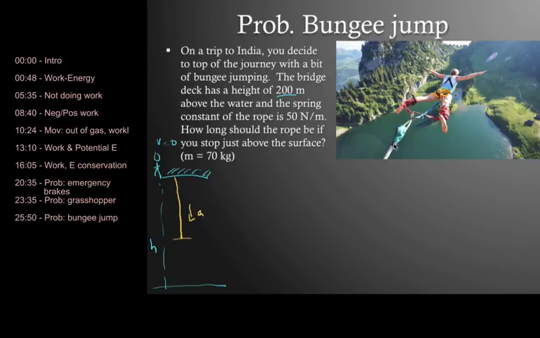At this point you can see that the rope isn't really taut, it's not pulling against you, but after you fall this distance A, now it's going to start pulling. After it starts to pull on you, you're going to stretch the rope, and you want to just end up with V equals 0 right above the water surface.